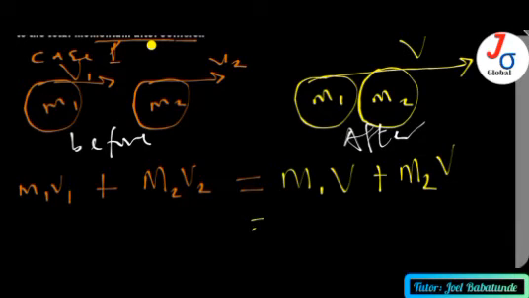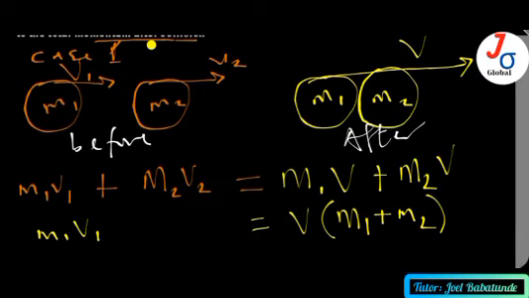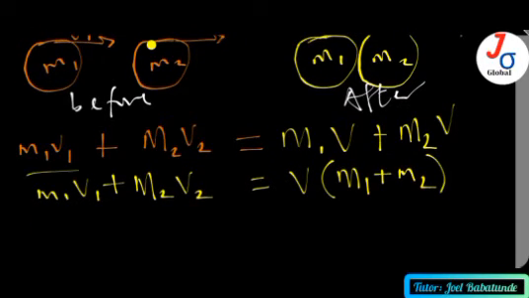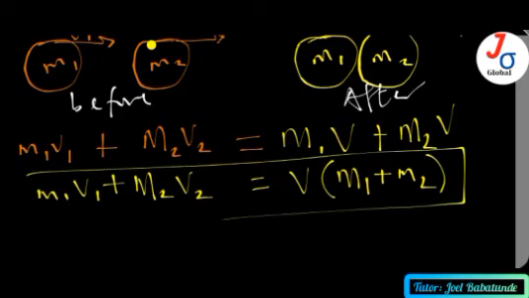So I can rewrite this as, since v is common, v into bracket m1 plus m2. Okay, so this is m1 v1 plus m2 v2. So this is how to find the conservation of momentum for this first case.